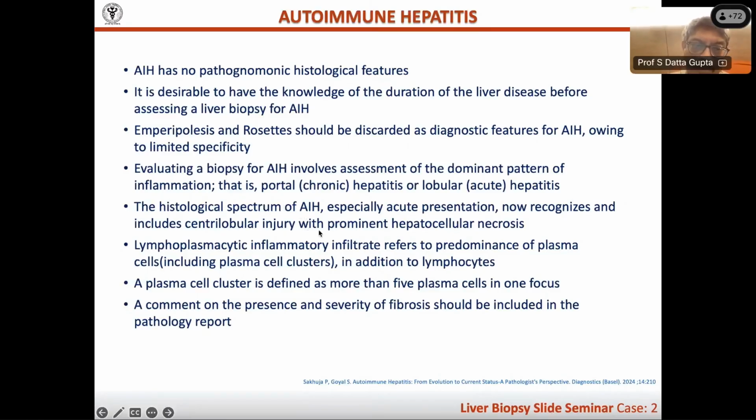Therefore, if there is a lot of central lobular injury and hepatocellular necrosis, it can still be autoimmune provided other reasons are excluded. If you find a lot of plasma cells and plasma cell clusters in addition to lymphocytes, think of autoimmune. A plasma cell cluster is more than 5 plasma cells. And always include the severity of fibrosis in your report.